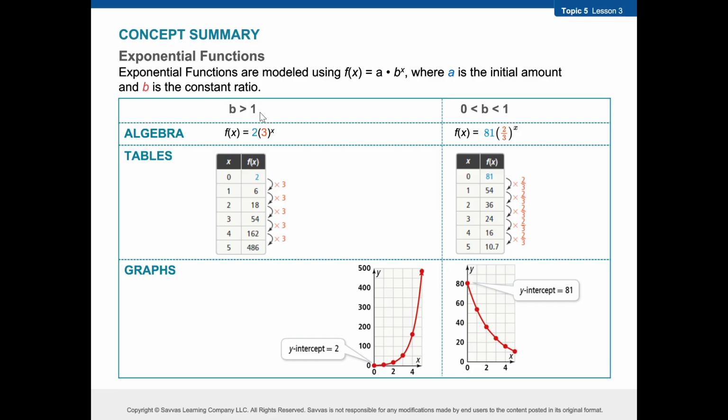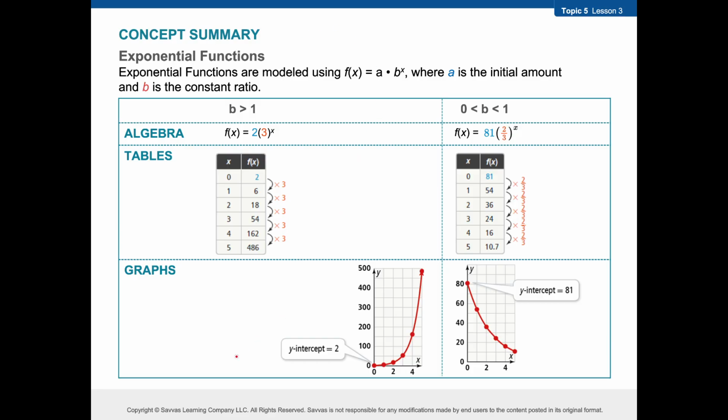So when b is greater than 1, it's always increasing. Your graph would look like this. When b is less than 1 but greater than 0, it's multiplying by a fraction or decimal, and it would be always decreasing.